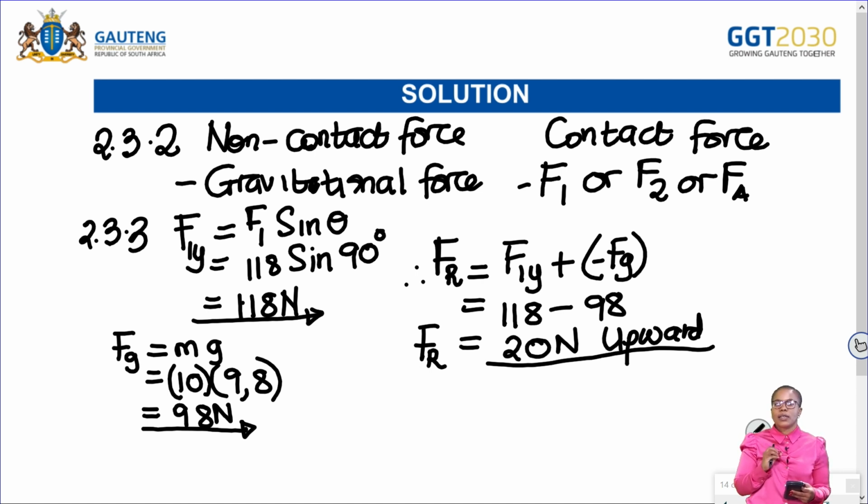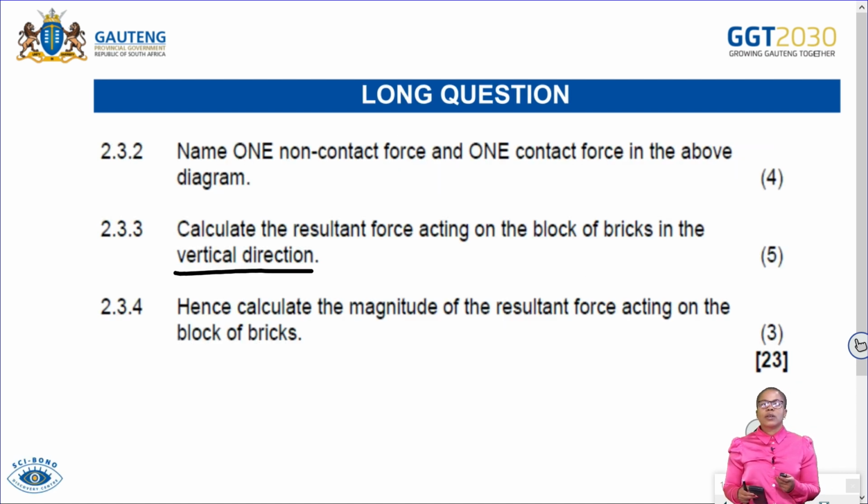Okay, because we are dealing with forces which are what? Which are your vectors. Okay, so what were we answering to? We were answering in 2.3.3, which says calculate the resultant force acting on the block of bricks in the vertical direction. That is why it is worth 5 marks, because there's a lot of work that you need to do before you find the correct answer.